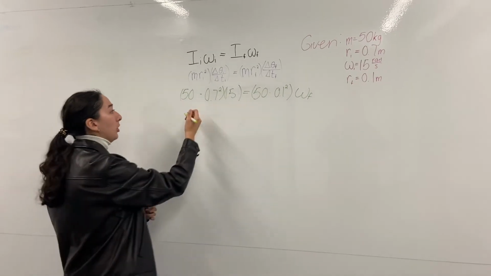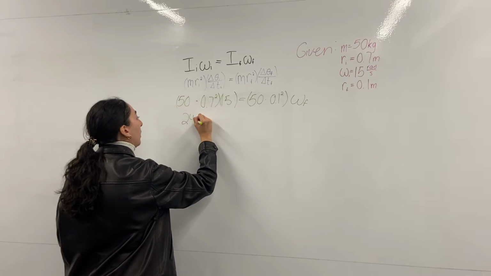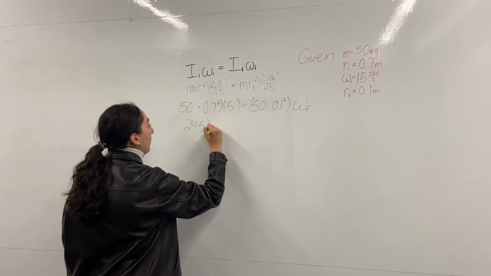So our initial inertia is equal to 24.5, and this is in kilograms per meter squared, multiplied by 15.